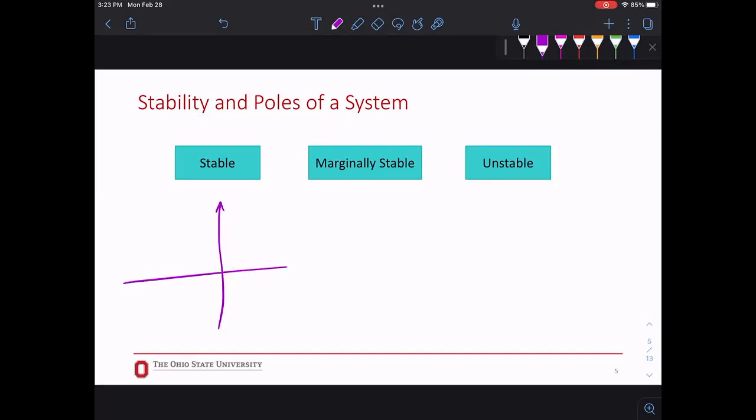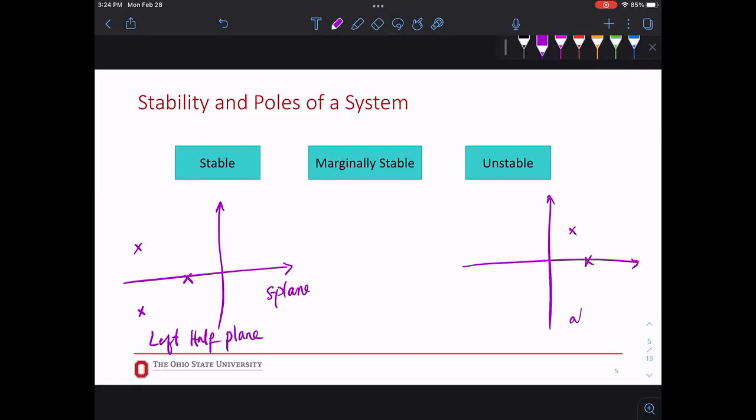So in the S-plane, again, it is important to know which domain we are talking about. If our poles are all on the left half plane, we are stable. If at least one pole is in the right half plane, unstable.